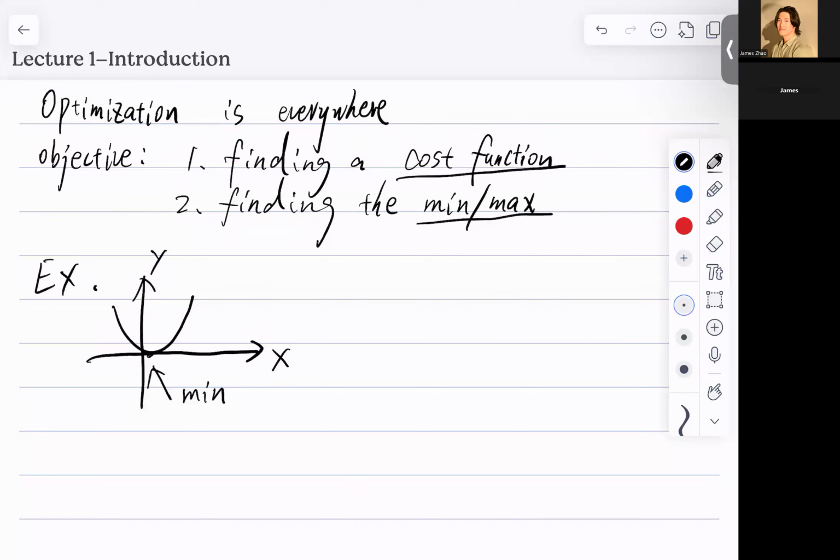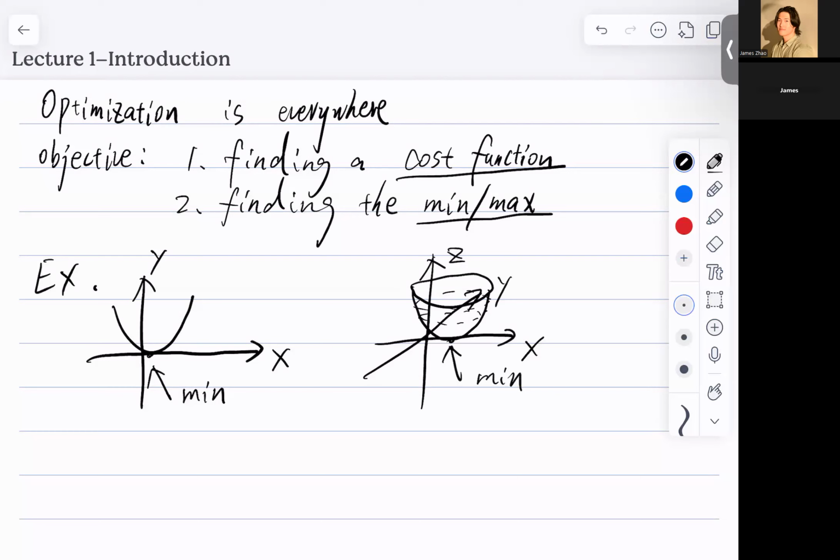And then we can extend it to a three-dimensional problem where we have x, y, and z. And now we have a bowl. And we have those little circles that are called level sets. And here we indicate our minimizer, which is where we are trying to get at.